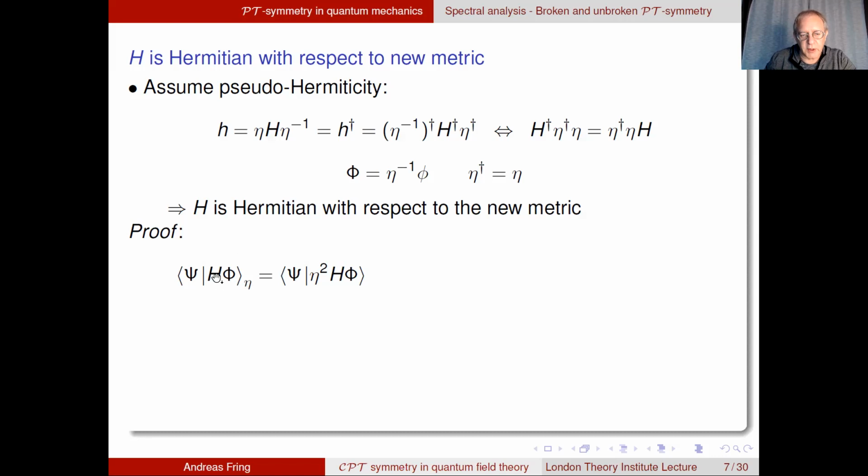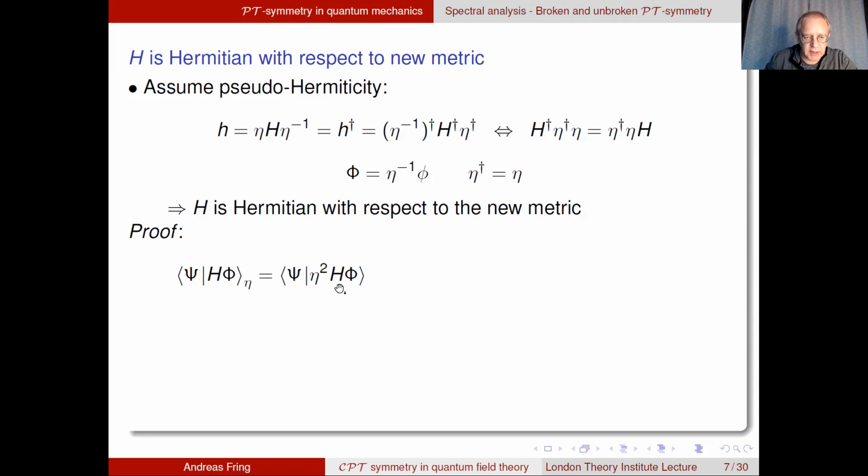And that's just an example. This is true for any operator. I can place here any operator, but I want to show you that H is Hermitian. And the definition of this new inner product is given here. So this is just a notation, and this is what it actually means.